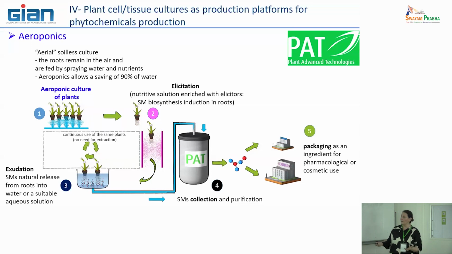By this way, plants can be re-injected in the workflow. As they have enough roots, they can be stimulated a second time, and they can produce a second time, a third time, a fourth time. So you can use them for a long period, not for many years, because at some moment it becomes difficult to maintain. So you have to renew the raw material of plants, but it can be very interesting.